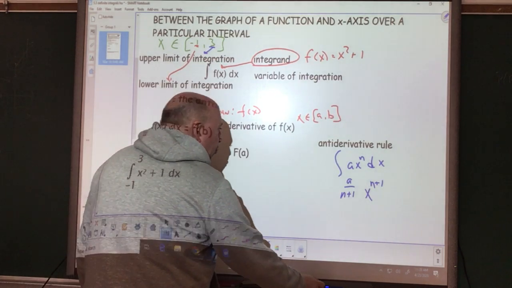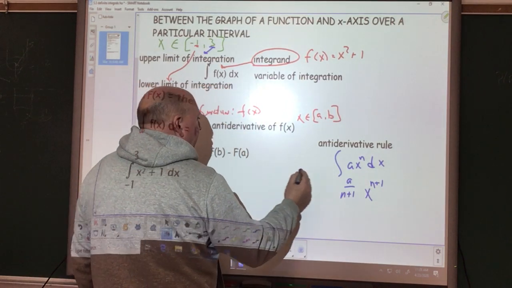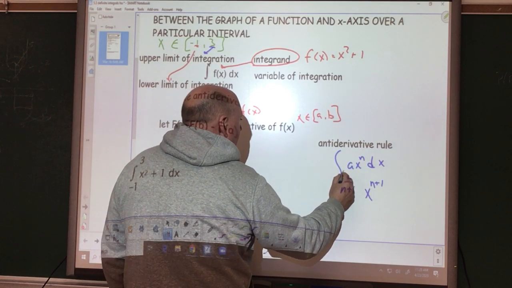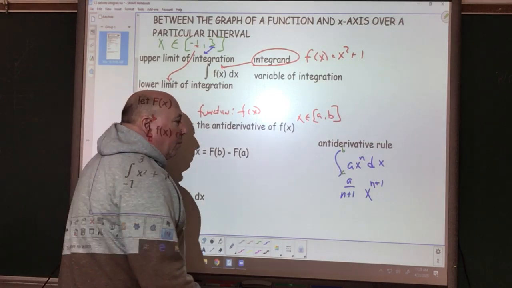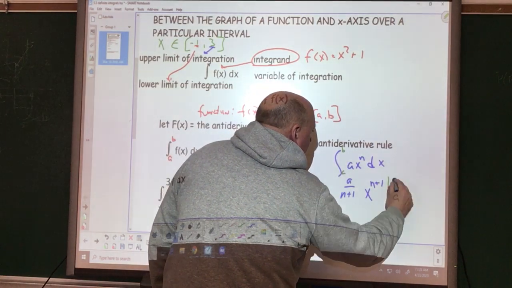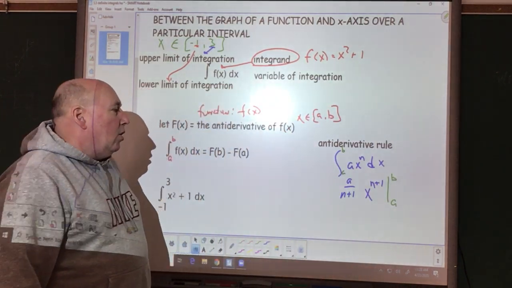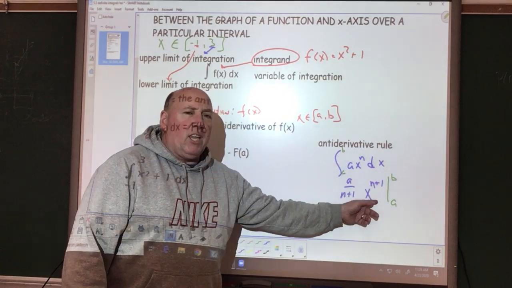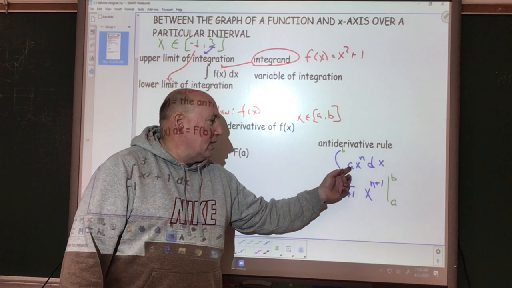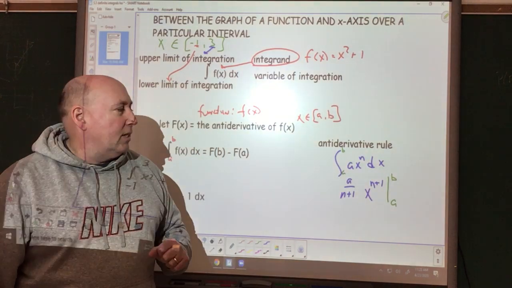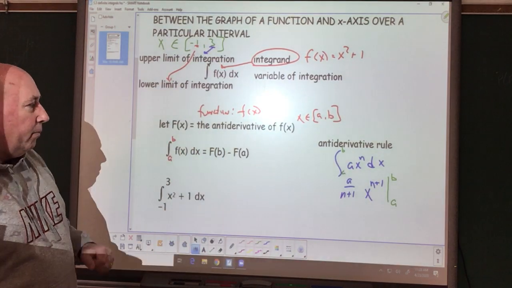Now, how this is typically written, if I have from a to b, is we put a line there that tells us we have to evaluate this at a and evaluate it at b. This a is a constant, a different value from that value.